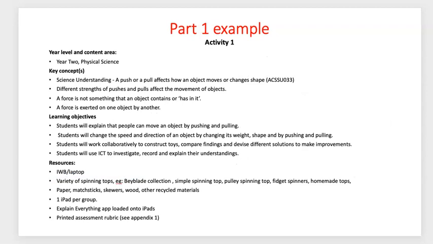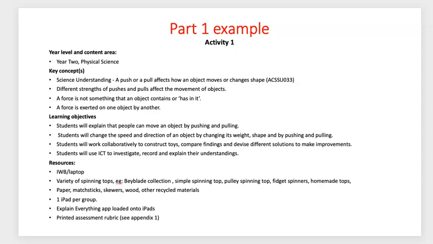So, my year level and content area, Year 2, Physical Science. So these are the headings you have to use. Key concepts. My first dot point is straight from the Australian curriculum, Science Understanding. A push or a pull affects how an object moves or changes shape. And I've put the CD link in there.